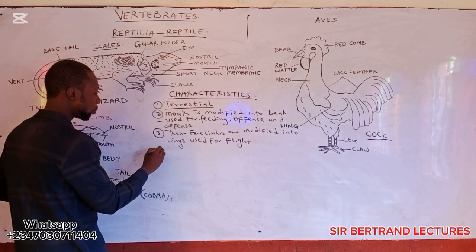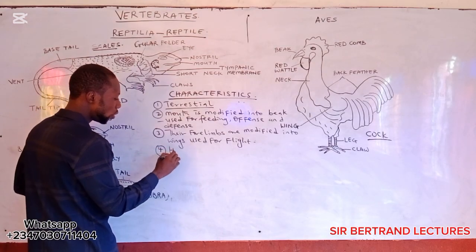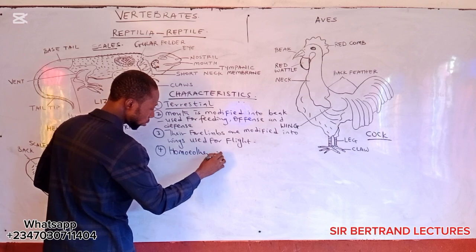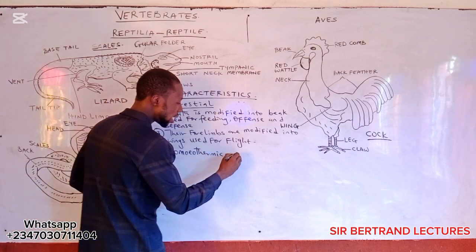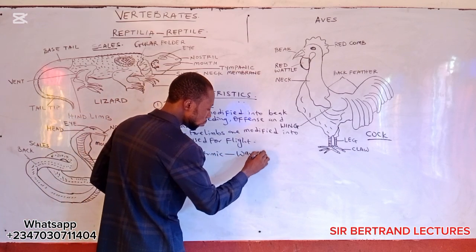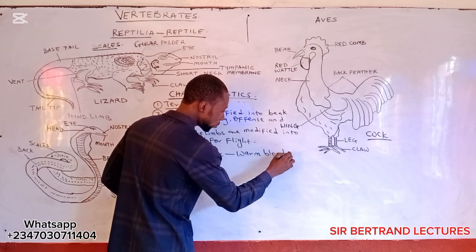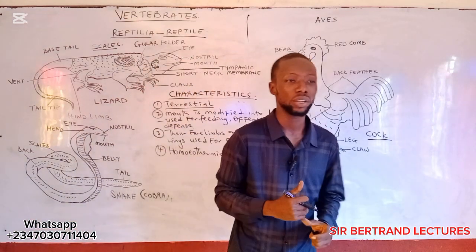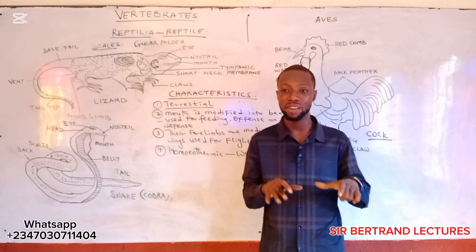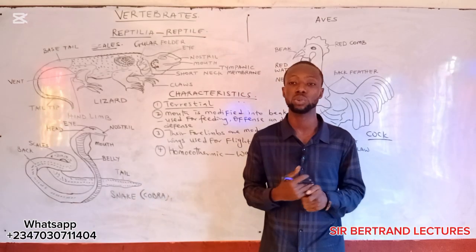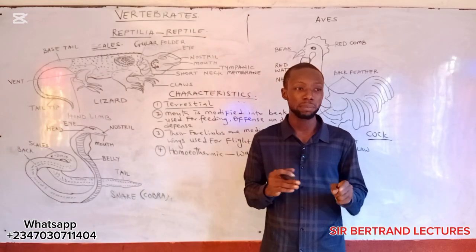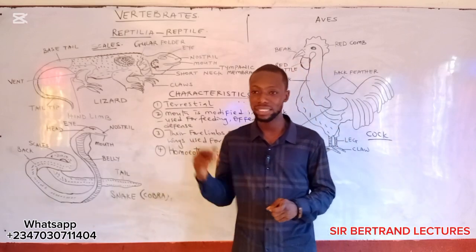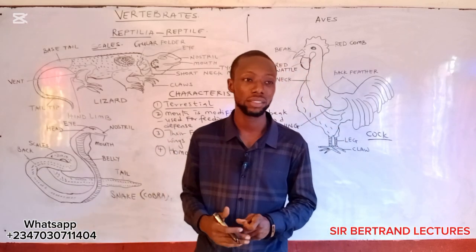Number 4, they are homeothermic, which means that they are warm-blooded. Being homeothermic here on the board means that they have constant body temperature, which simply means that their body temperature is not affected by the temperature of the environment.